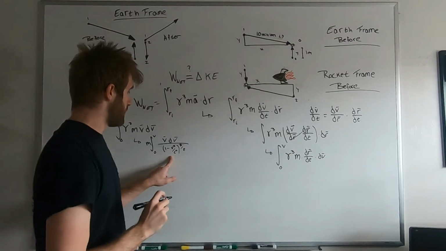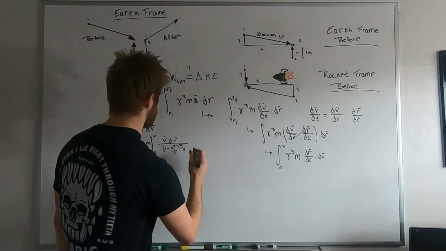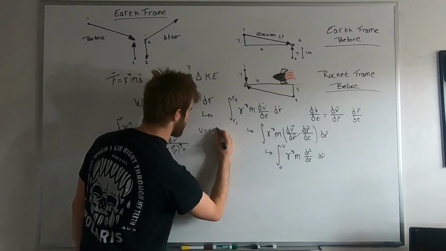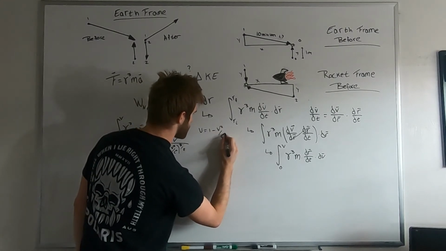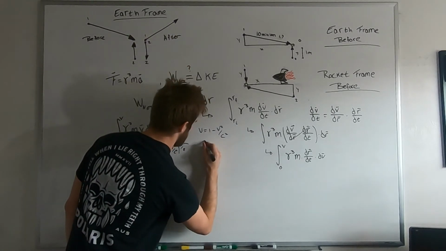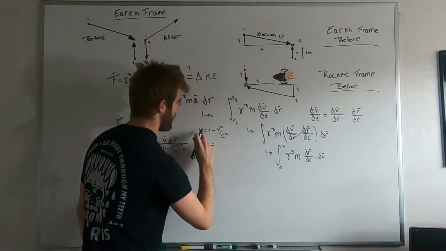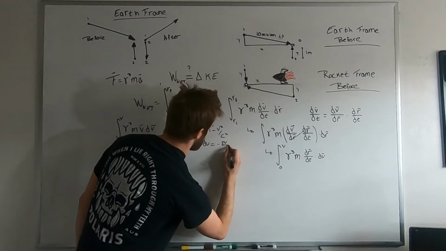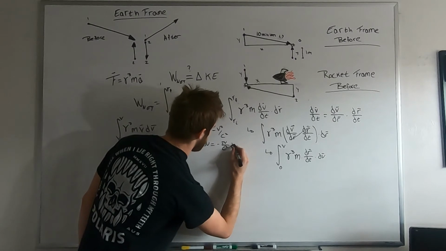Okay, so we're going to do a u substitution here. We're going to have u is equal to 1 minus v squared over c squared. Okay, take the derivative. We get du equals minus 2v over c squared dv.